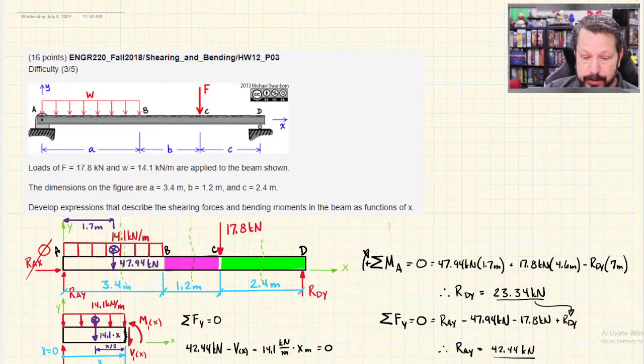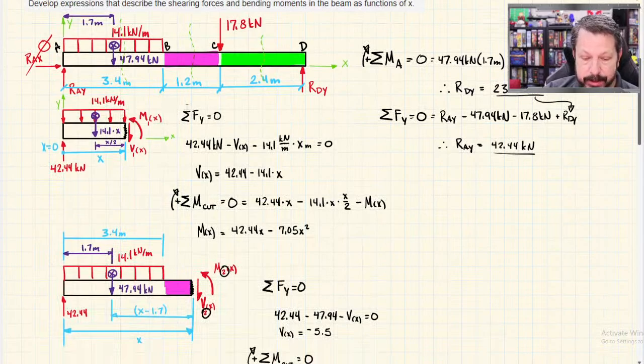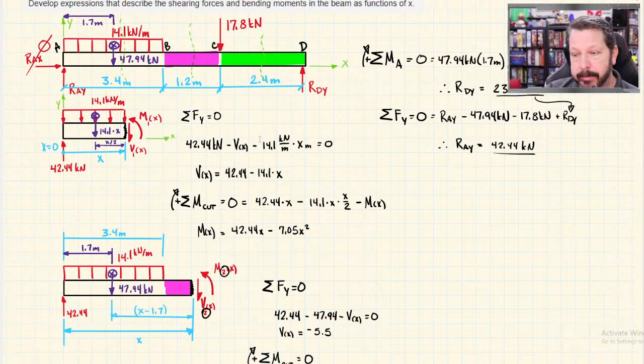So what we're going to do now is take this idea of equations in every section, generalize the equations, and develop an algorithm of if-then statements to draw a picture of the shear force and the internal bending moment anywhere in a beam. That's our goal today.